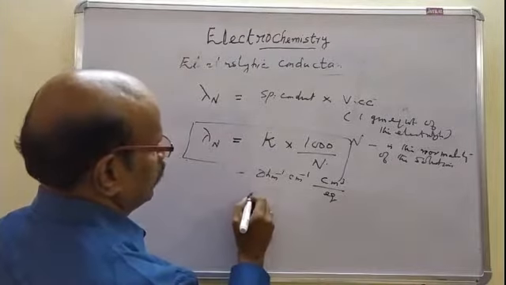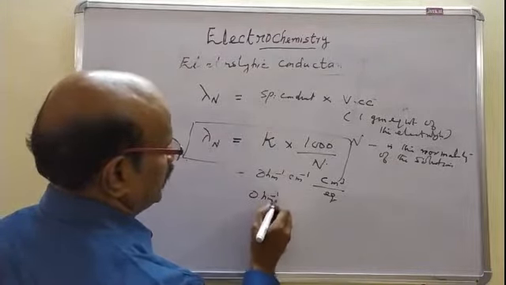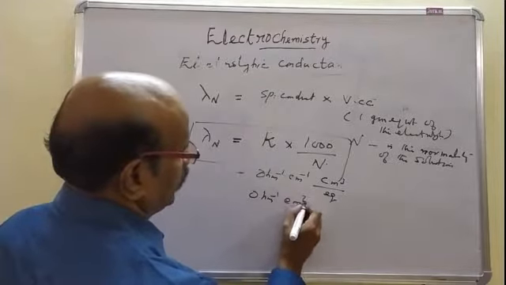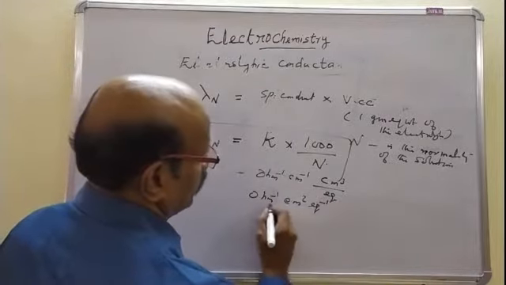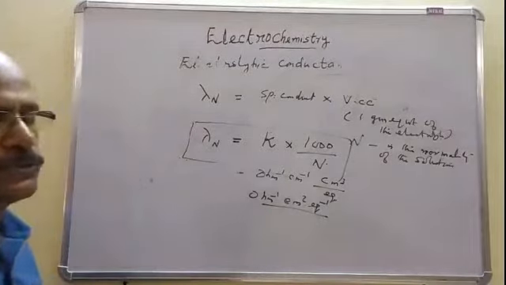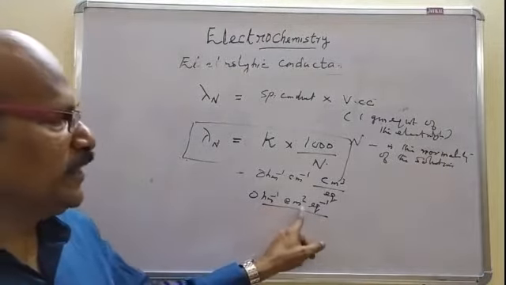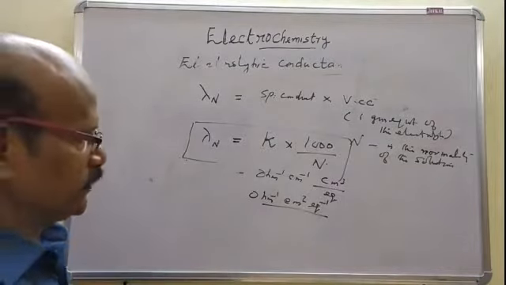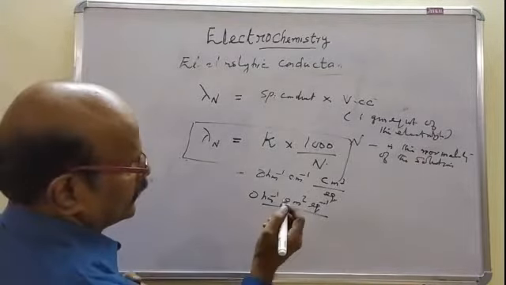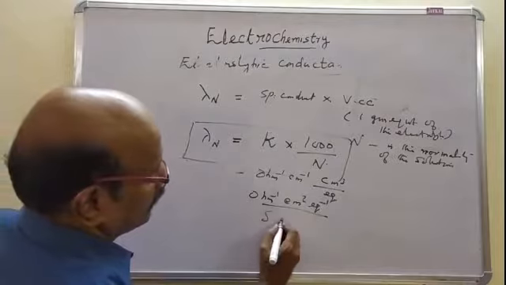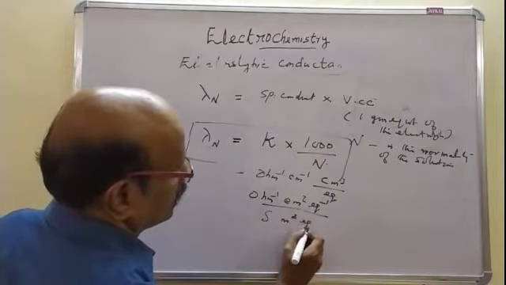Therefore the unit is ohm raised to -1 centimeter square equivalent raised to -1. In the CGS system it is this, and in the SI system, it is Siemens meter square equivalent raised to -1.